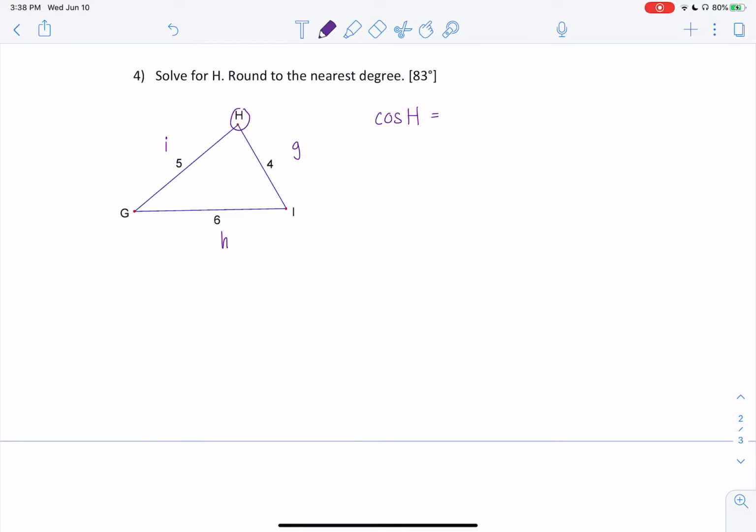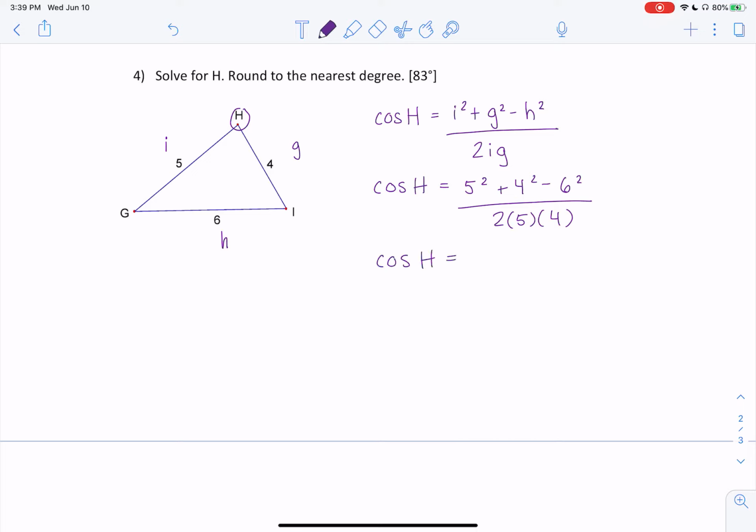So we'll have i squared plus g squared minus little h squared all over 2ig. And once we have that written out, we can just fill in our values. So little i is 5 squared plus 4 squared minus 6 squared all over 2 times 5 times 4.